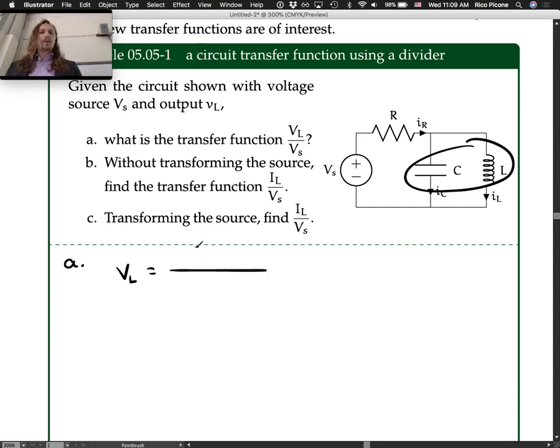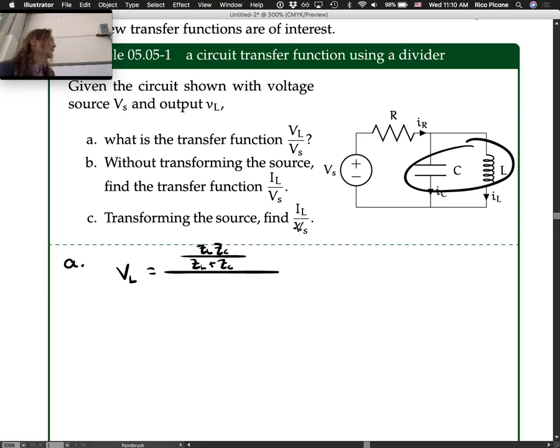So we'll do ZL ZC, either one. ZL ZC divided by ZL plus ZC.